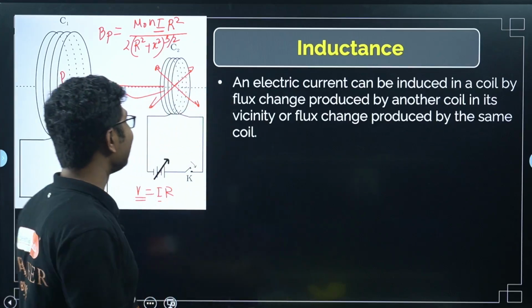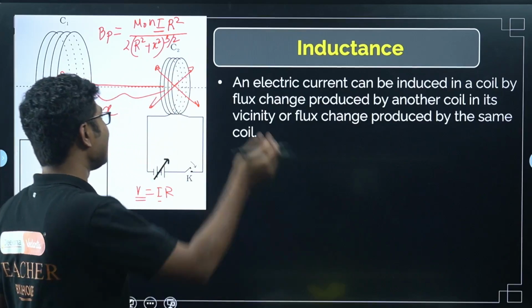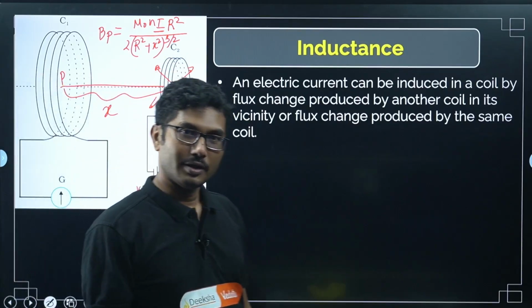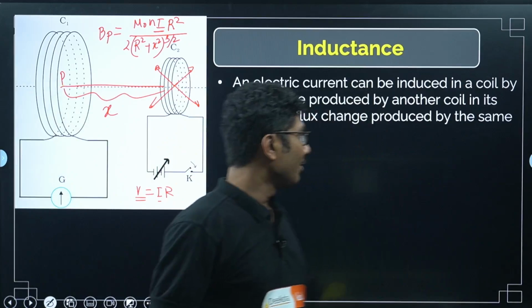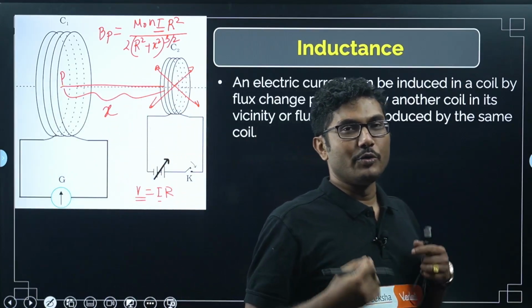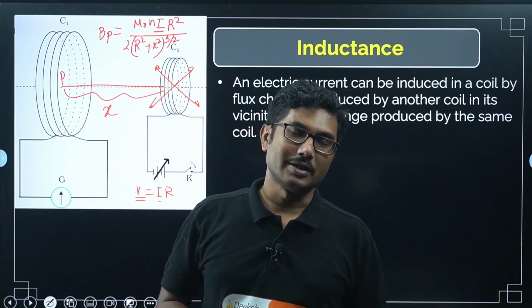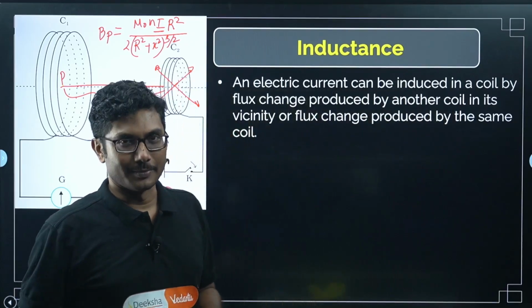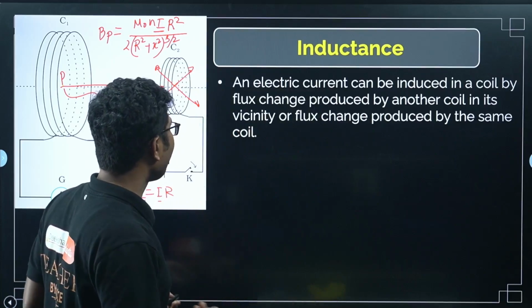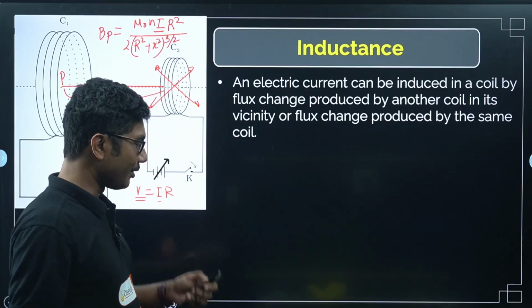So changing this magnetic flux linked with this single coil can also change the current that is flowing through it. Okay, that is very, very important. Basically, I am doing some work, and that work itself is trying to stop me from doing the work. It's like that. We will explain that in a while.